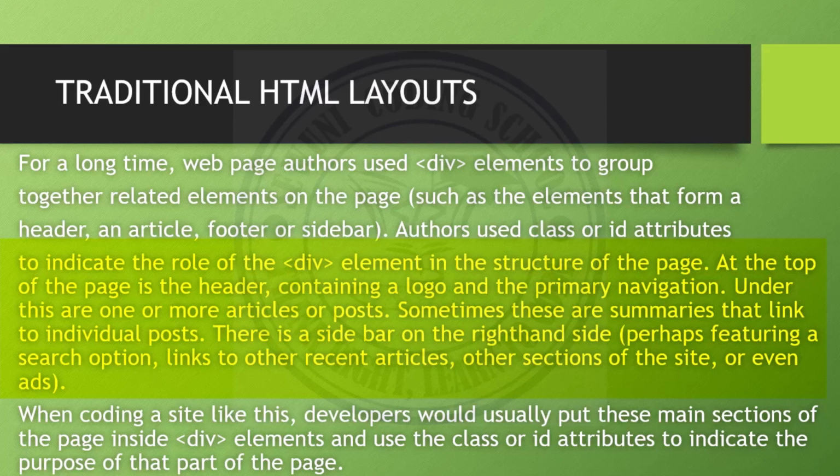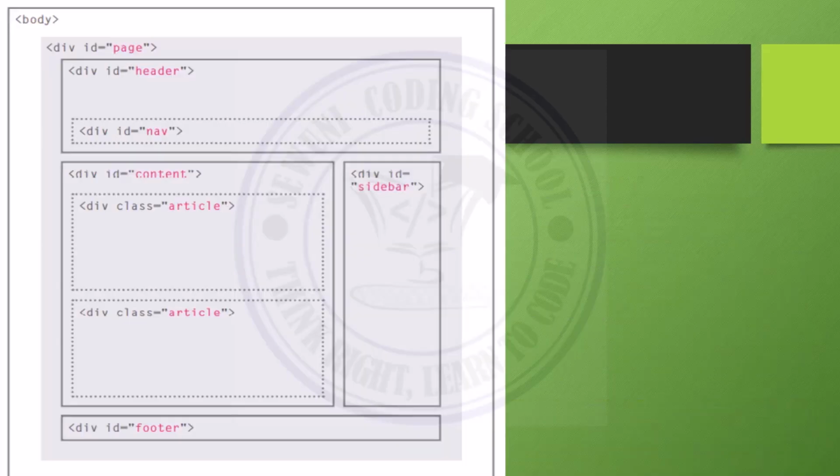Usually the sidebar is on the right, which contains search options, favorites list or recent posts, and what have you. And then when you are coding such a site, you usually put these main sections of the page inside the div and use classes and IDs to indicate the purpose of those pages.